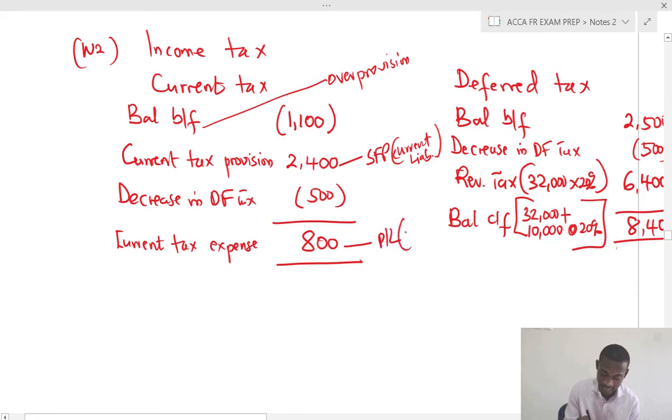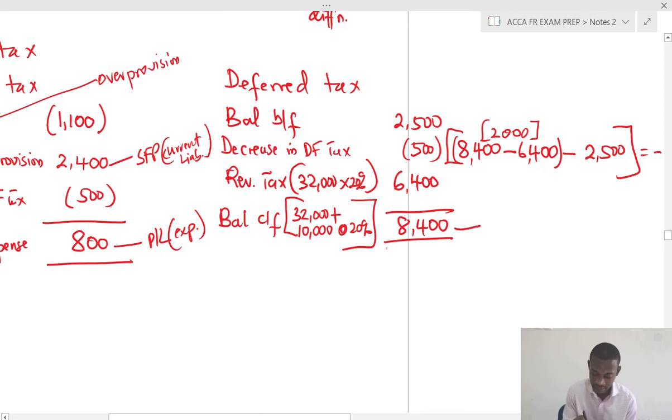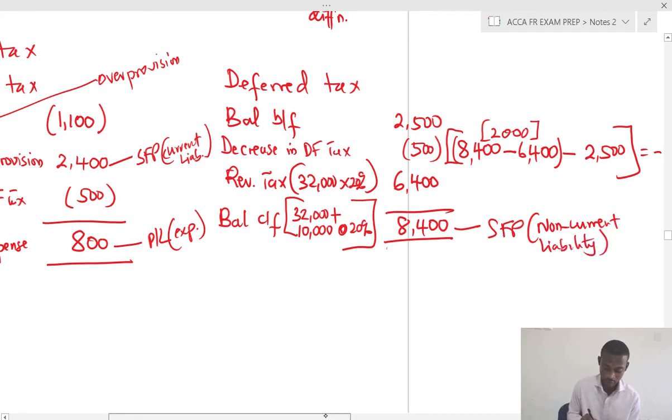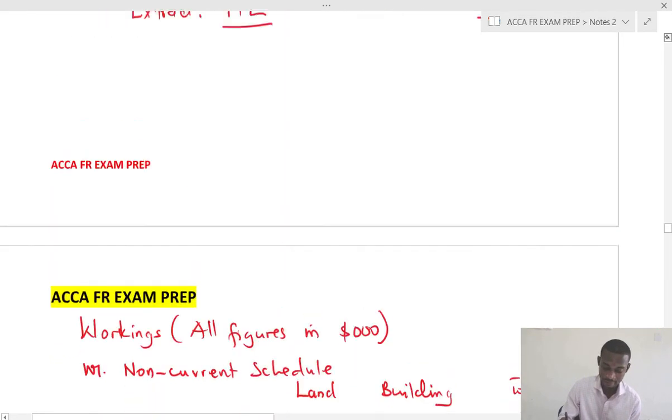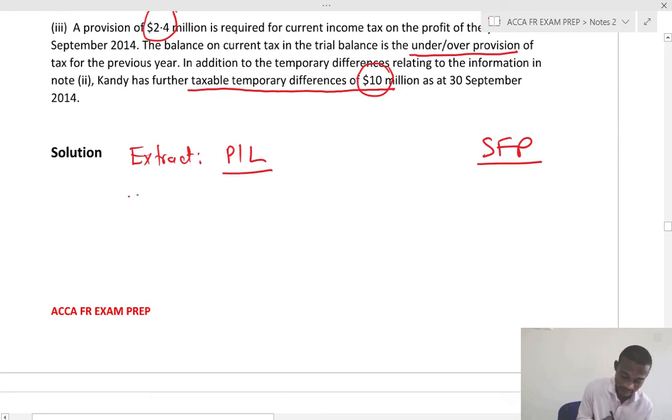Then on the face of the financial position, I'll say non-current liability, and that is workings 2, and that figure we had was 8,400. And under the current liability, I'll have what we call current tax payable, and that was given in the question to be 2,400, or as well you can make reference to workings 1.